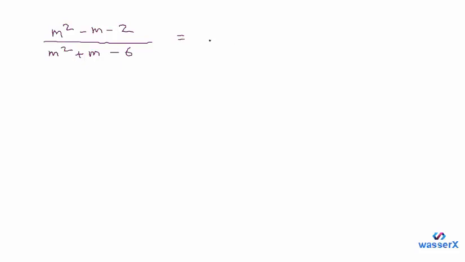So this is equal to m squared on the top. Now we need to find two numbers that add up to negative 1 and that multiply to give us negative 2 times 1, which is negative 2. And obviously our two numbers would be negative 2. So we have negative 2m and positive 1, or plus m, minus 2.